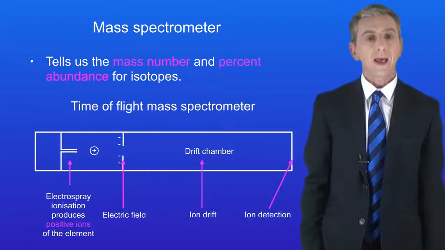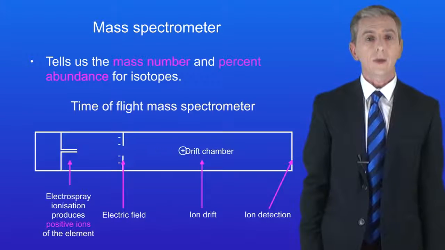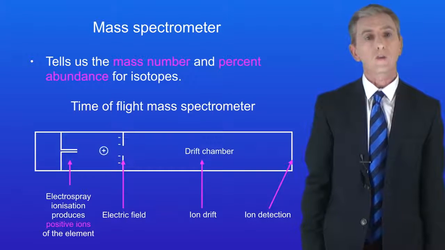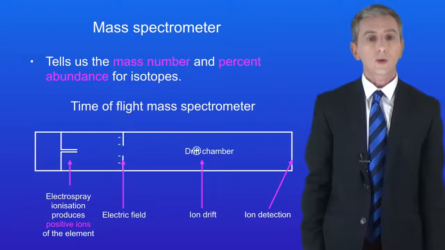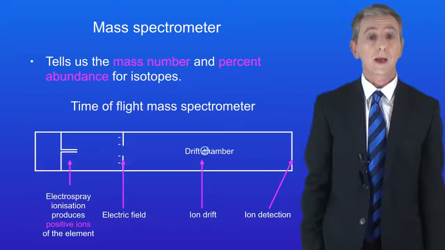When the ions reach the end of the chamber, they're detected. The time it takes for an ion to make its way down the drift chamber is used by the machine to work out the mass of the ion. The machine also tells us the percentage abundance of each isotope. Coming up, we're going to see how to interpret a mass spectrum. This is a very common exam question, but it's quite straightforward.